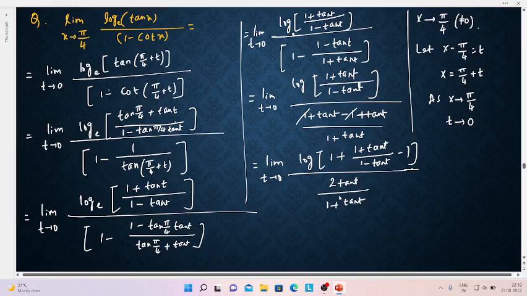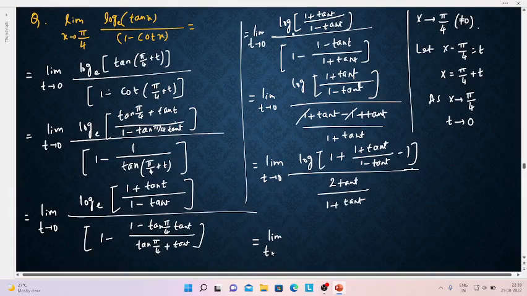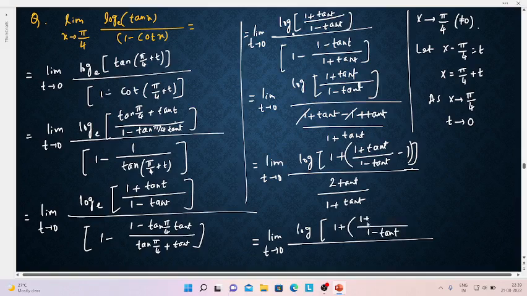So now we can write this as limit t tends to 0 of log of 1 plus, if we take the LCM from these two parts, it will become 1 minus tan t, and on the numerator we will have 1 plus tan t minus 1 plus tan t.